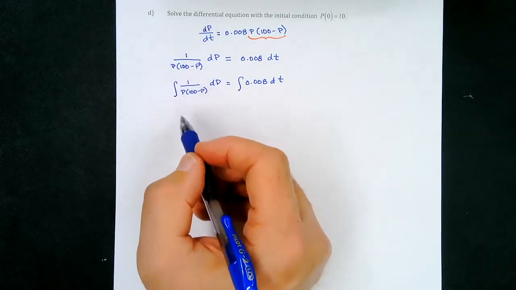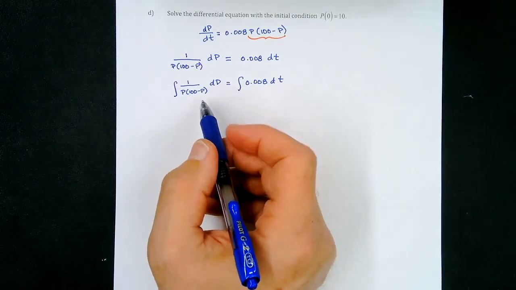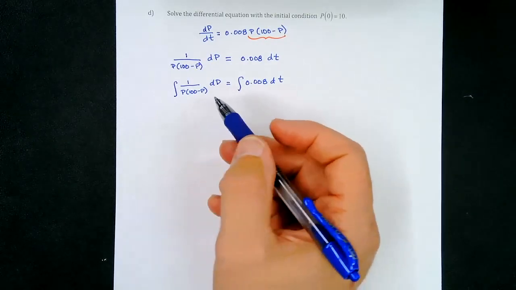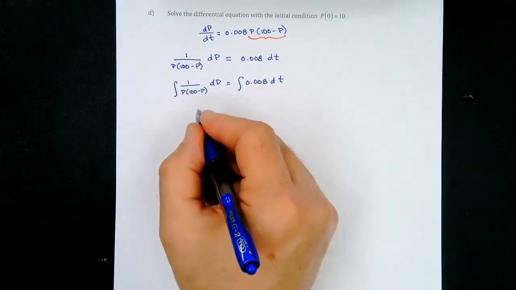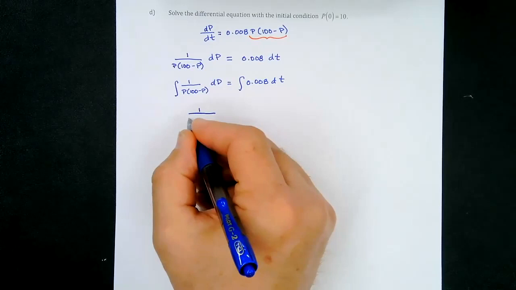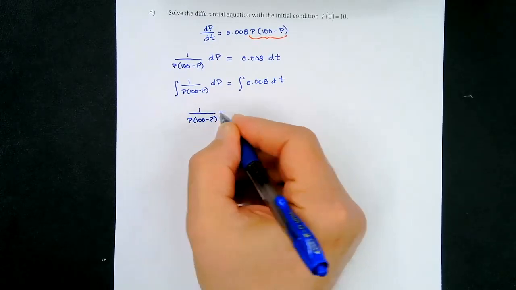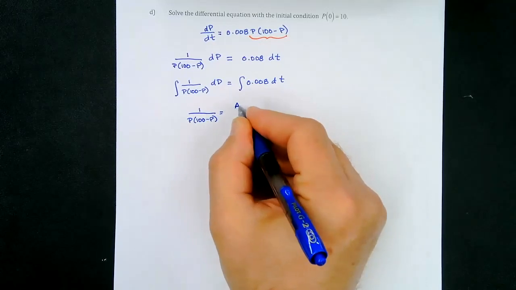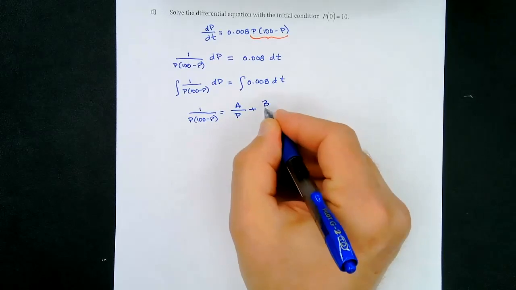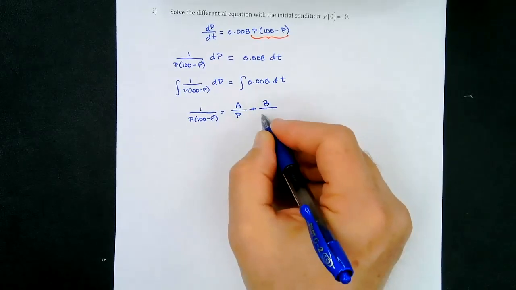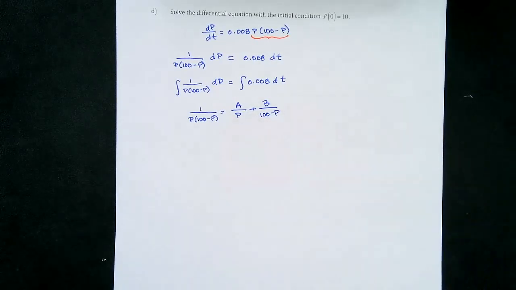Well, that's why I taught you partial fraction decomposition. We're going to need that partial fraction decomposition to integrate a logistic differential equation. So what we have is 1 over P times 100 minus P is equal to A over P plus B, which we don't know what B is, right, over 100 minus P. All right.